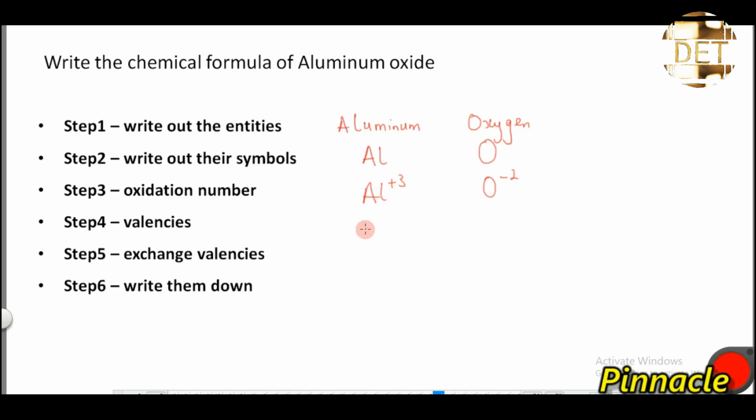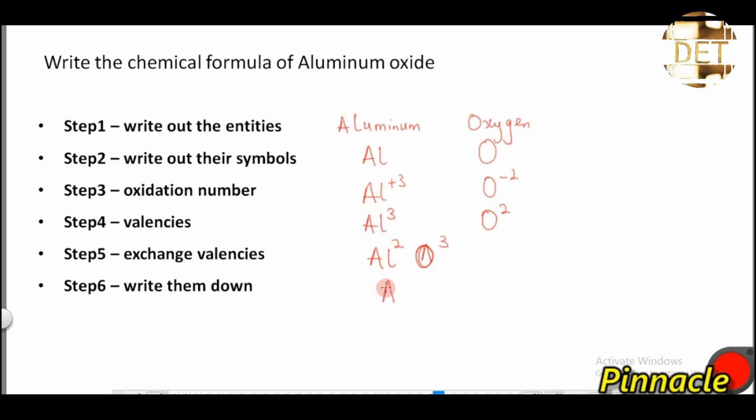So the valency of aluminium is Al3 and the valency of oxygen is what? O2. So the next thing is to exchange the valencies. So this will be Al, instead of writing 3, I will write 2, and O3.